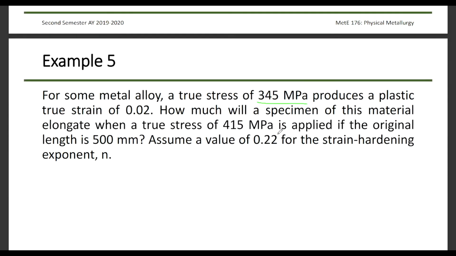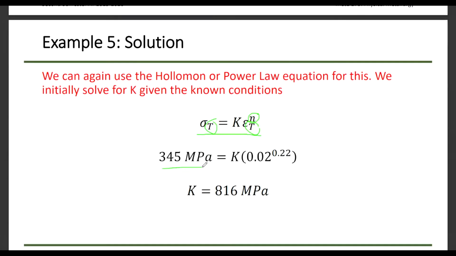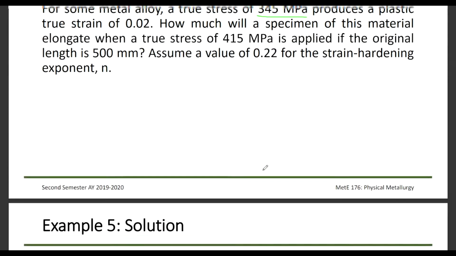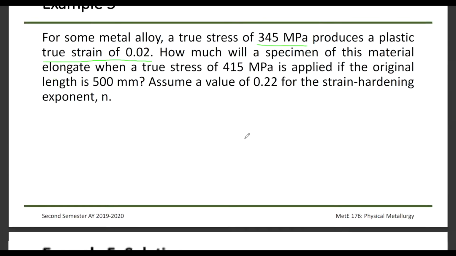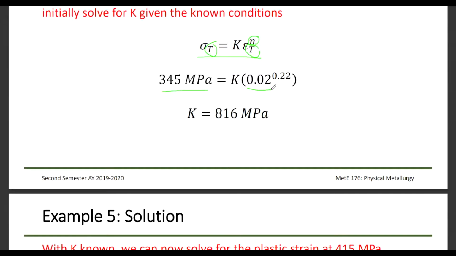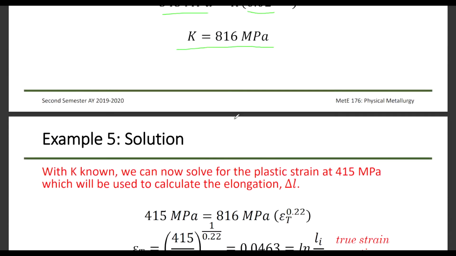A true stress of 345 megapascals, we put that in the left-hand side. We know the strain at that particular true stress value is a true strain value of 0.02. So 0.02 dito. And therefore, makukuha na natin si K. So our K ends up as 816 megapascals.